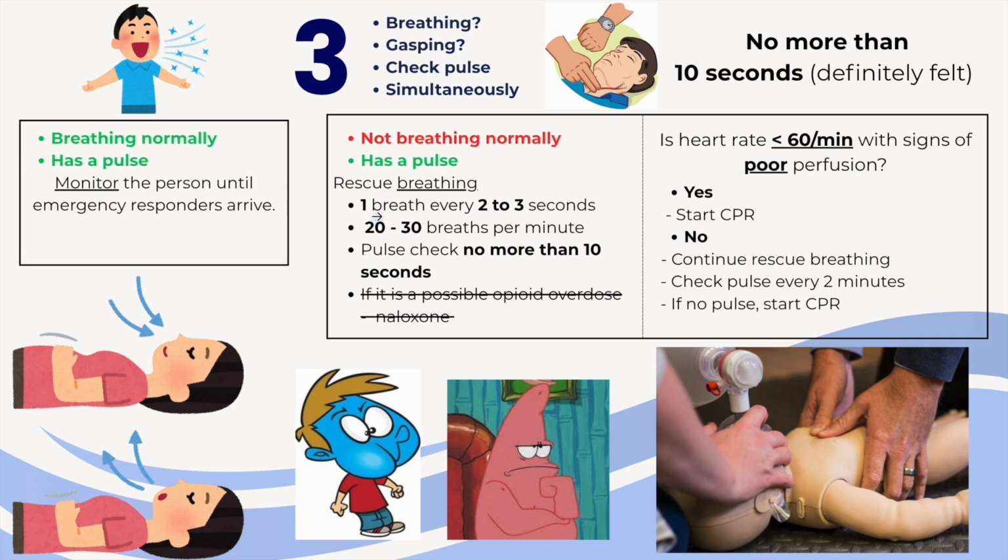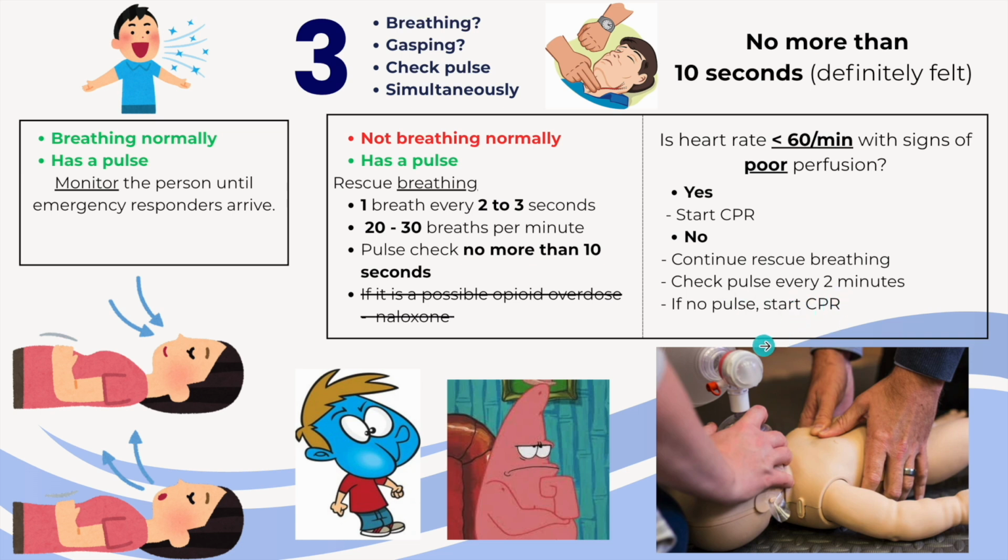Assess the pulse for no more than 10 seconds. Then check the heart rate. If it is less than 60 per minute with signs of poor perfusion, we need to start CPR. If it is higher than 60, continue rescue breathing. Check for a pulse about every 2 minutes. If no pulse, start CPR.